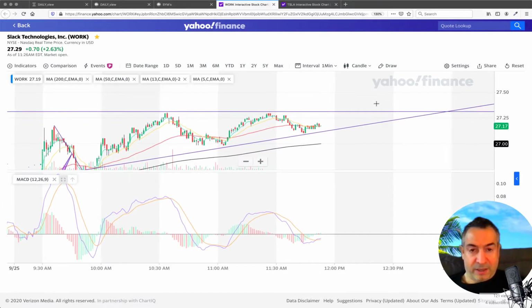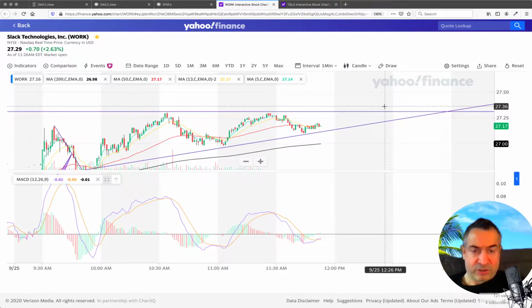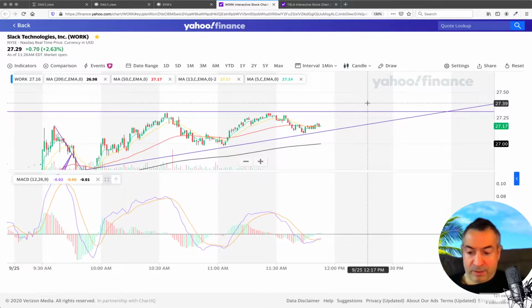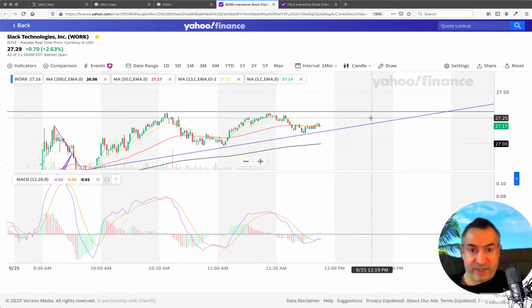Normally, a wedge that has a flat top, when we reach the end of the wedge, we normally tend to go down. Boom, like a tennis ball, and it drops.